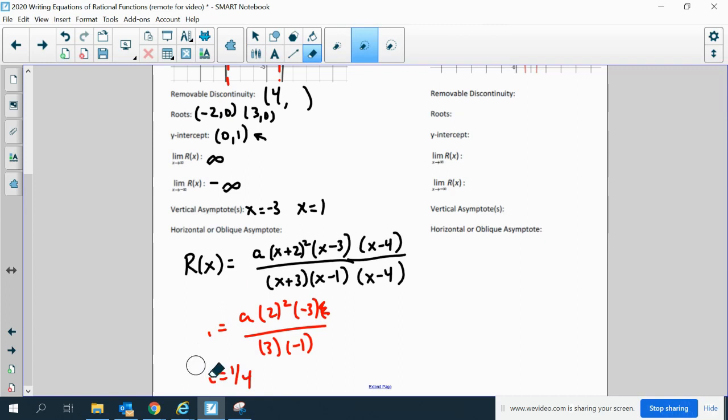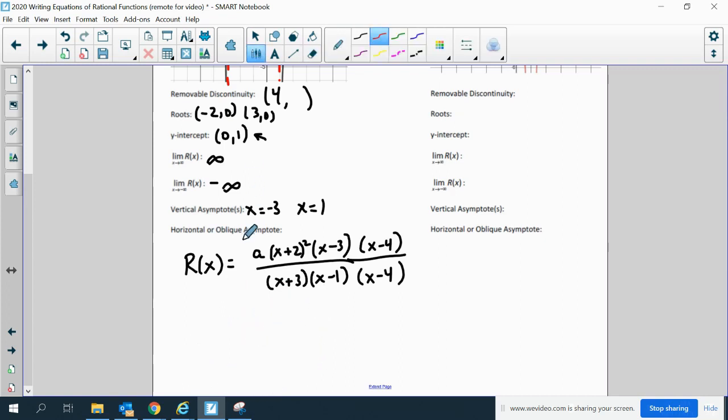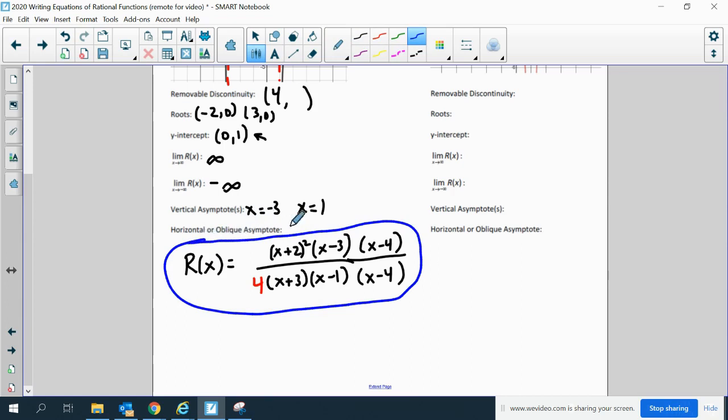So my a value here is going to be 1/4. So this is my function. And then my job is to find the horizontal or oblique asymptote.